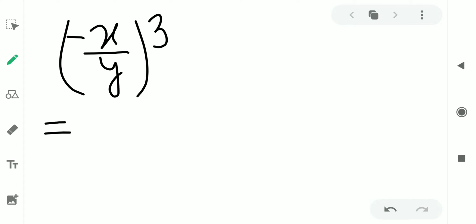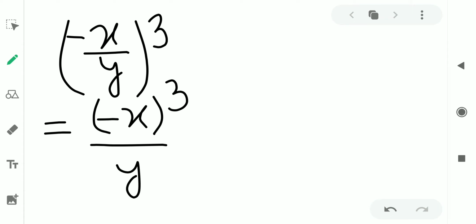Whatever is there, you just take the formula and you have to go step by step. So again we have here minus x by y, a fraction inside the bracket, and the whole power is 3. That means the power 3 will go along with the minus x as well as with y.